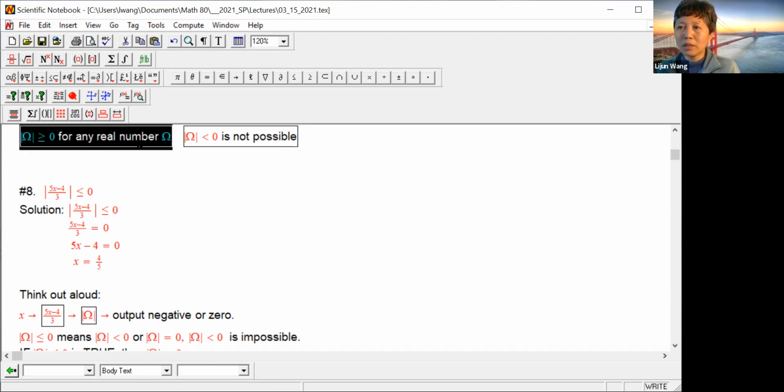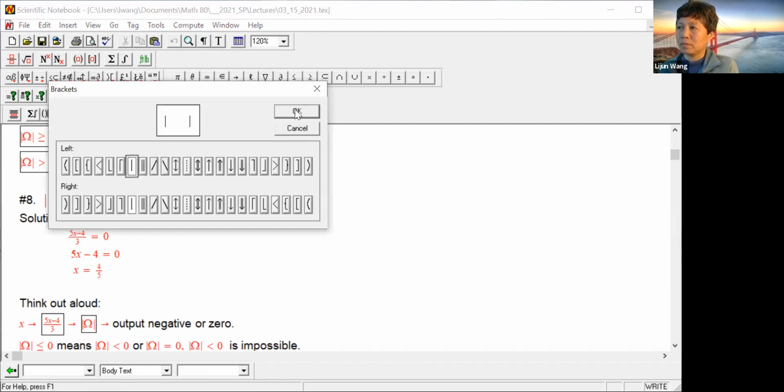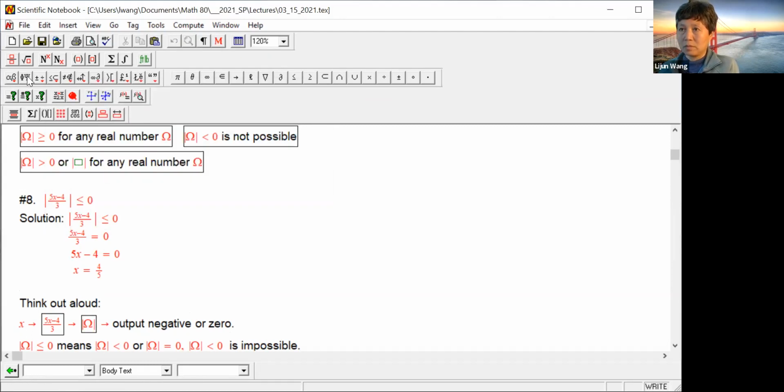Okay, and what else does this imply? This implies this is larger than 0, or equal to 0, isn't it?